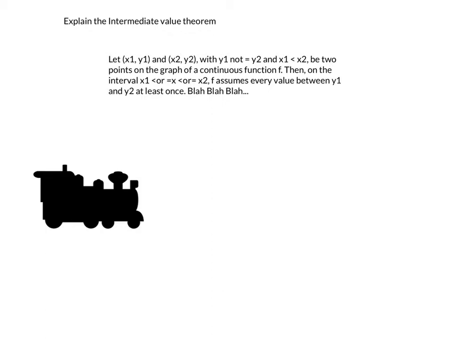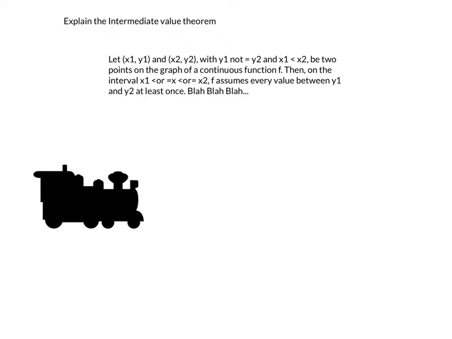Now we are asked to explain the intermediate value theorem. Well, the textbook definition says let x sub 1, y sub 1 and x sub 2, y sub 2, with y sub 1 not equal to y sub 2 and x sub 1 less than x sub 2, be two points on the graph of a continuous function f.